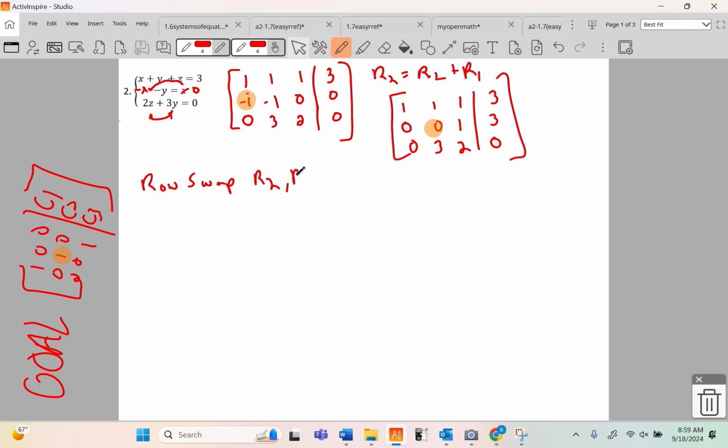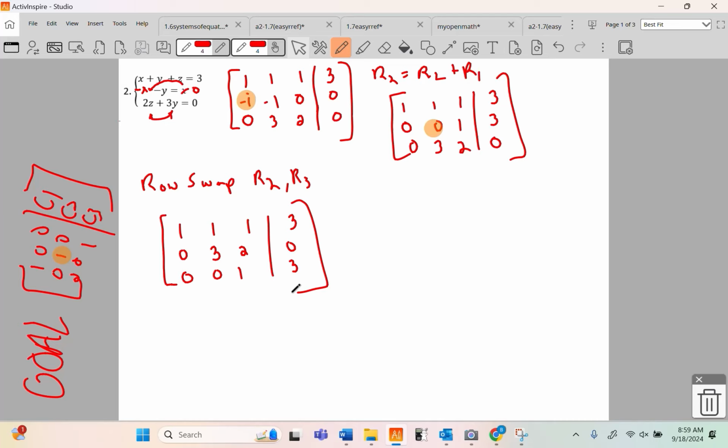Row 2 and row 3. I like that there's a 1 here, and swapping rows isn't going to change my zeros here. So row 2 becomes row 3, and row 3 becomes row 2. And see what that did for me? That did a whole lot. I'm starting to look a lot like my goal.